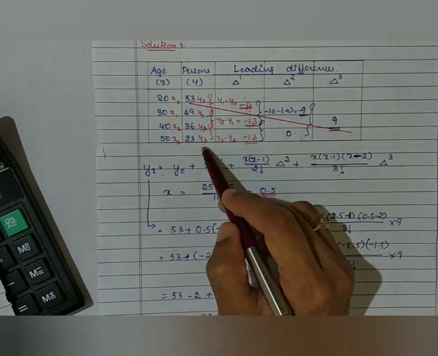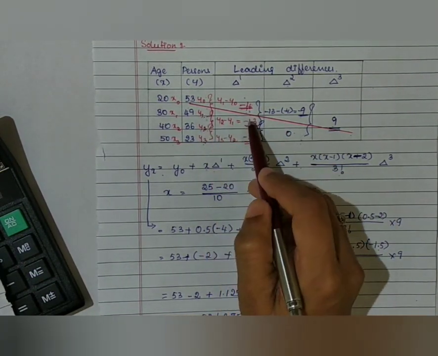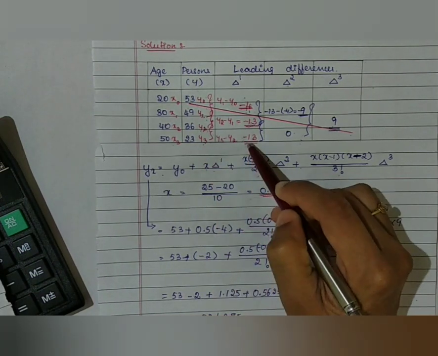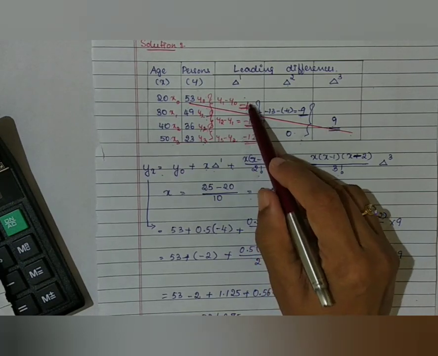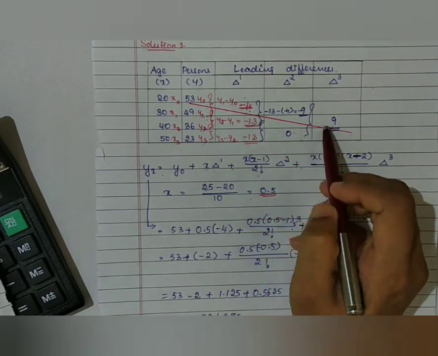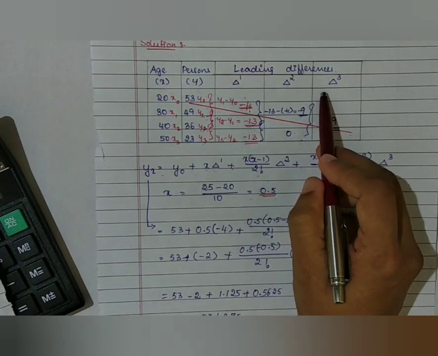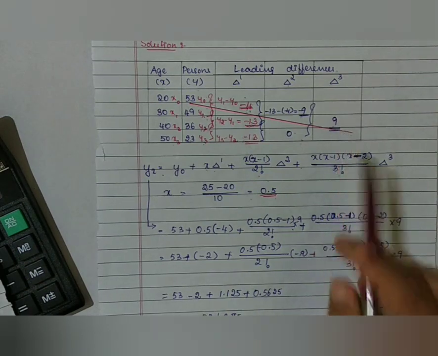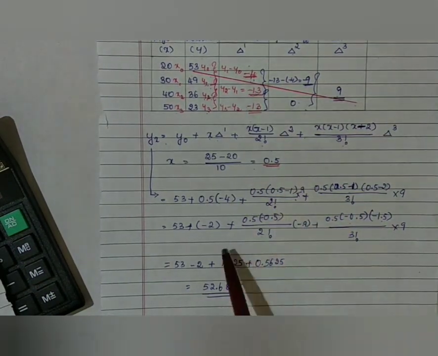Same way we have to calculate y2 minus y1, y3 minus y2. We got the values. After that again it is minus 13 minus minus 4. Same way we will be calculating the values of delta and taking the first set of values and applying it to the formula.